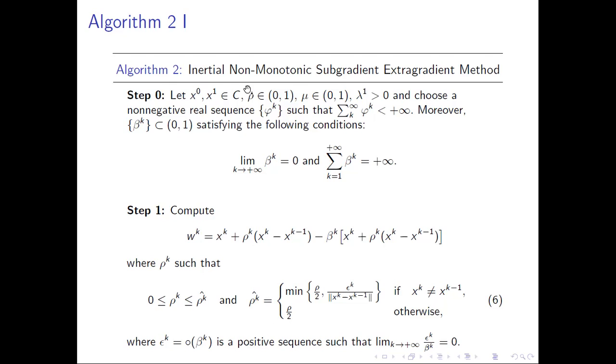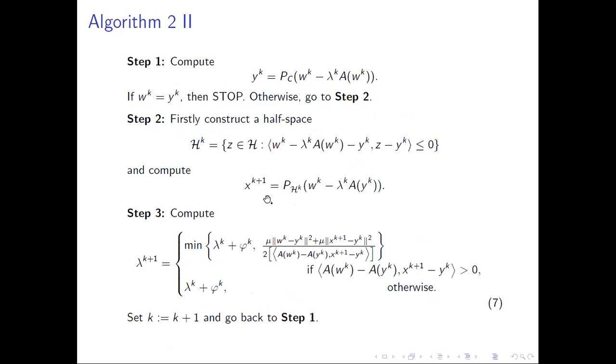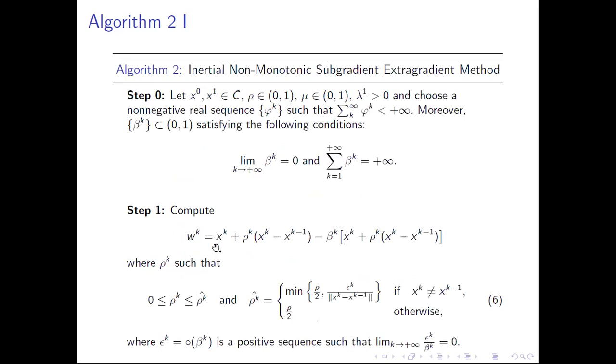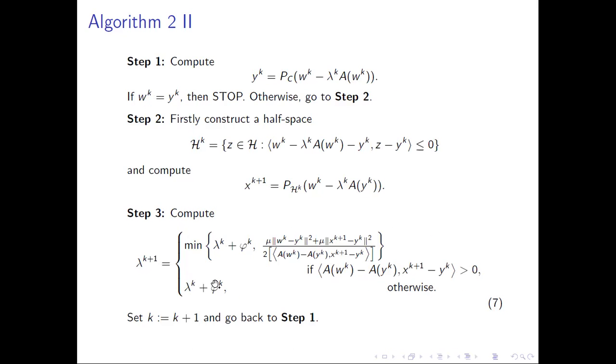In step 1, we project on C and obtain yk by using wk. In the second step, we construct a half space, then project on the half space and get the next iteration. Finally, we update the step size rule by using this formula, which is also a non-monotone step size rule.